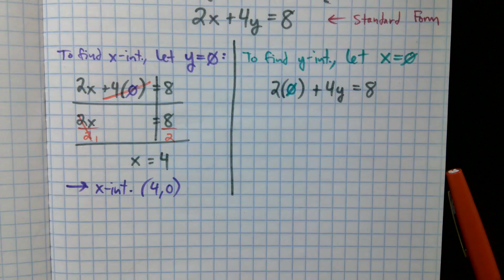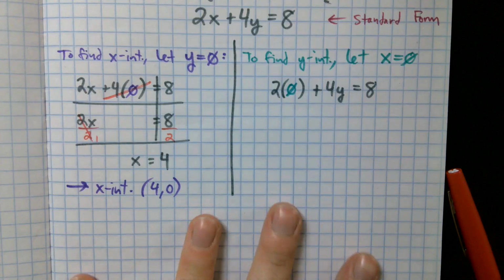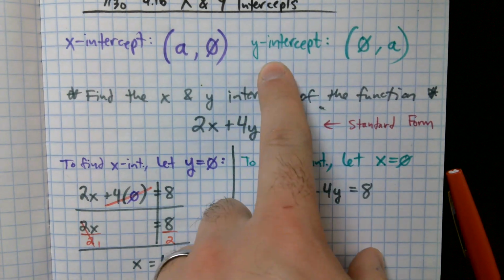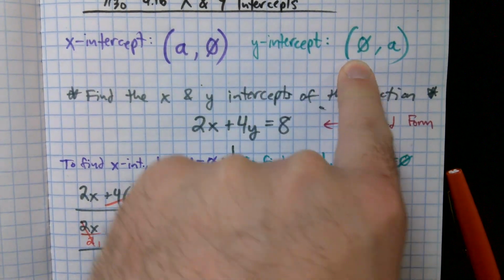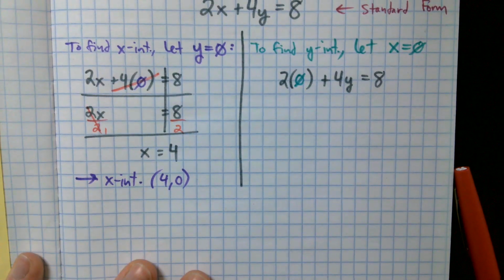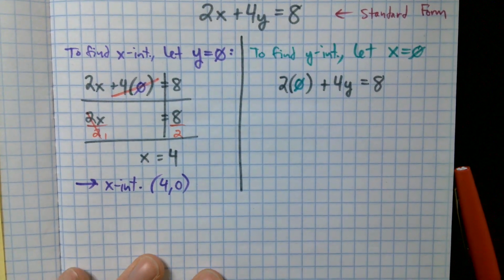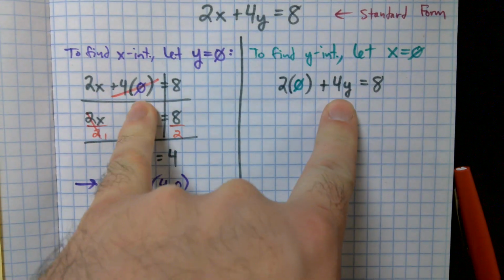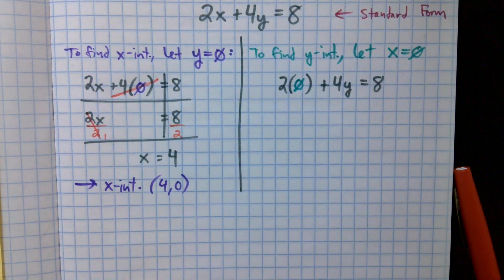Right? We're just repeating the process, but instead of plugging in 0 for y, we're plugging 0 in for x. Because my y-intercepts always have an x value of 0. So I'm just going to make my x equal to 0. You guys all see the difference between these two setups? Yeah, we're just plugging it in a different spot.